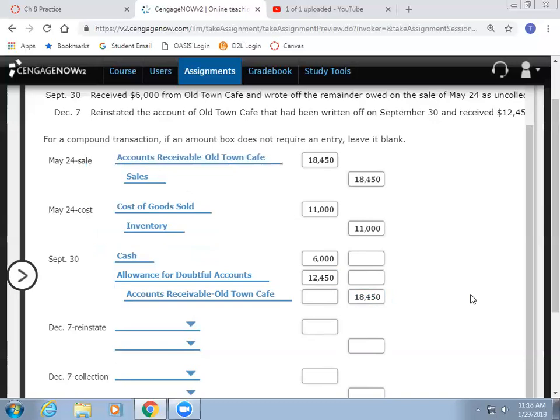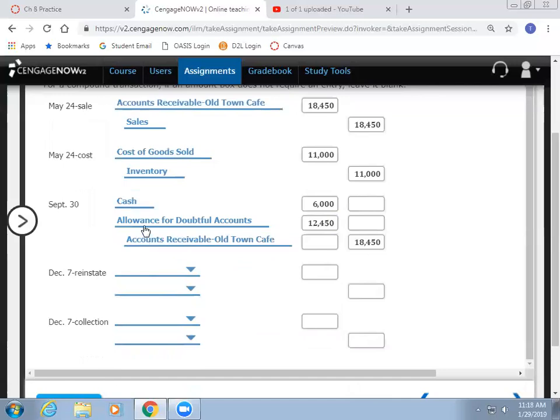Okay. And then just like under the direct write-off method, we can still reinstate and show that account being paid if the client comes back and pays. On December 7th, we reinstate the account that has been written off and receive $12,450 cash in full payment. When we reinstate, we're reversing this entry here.